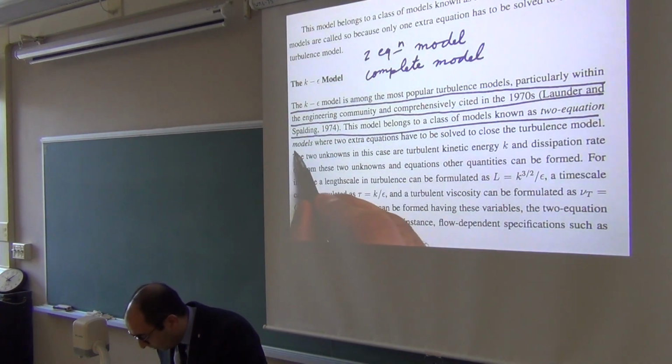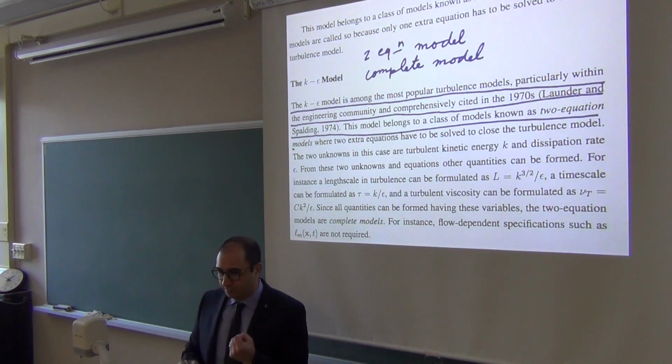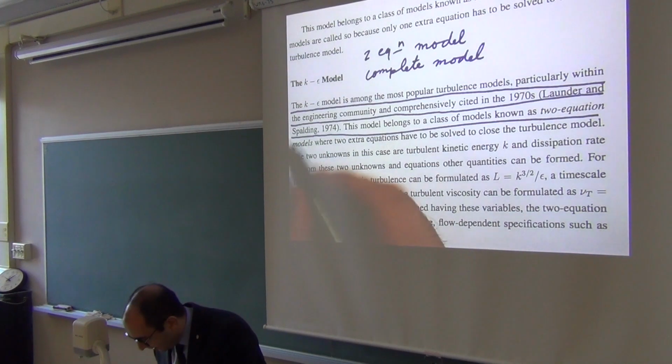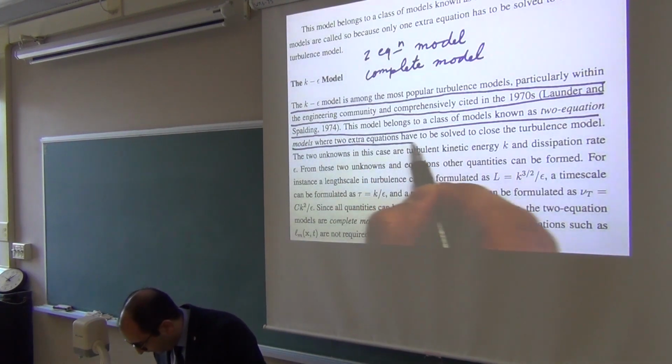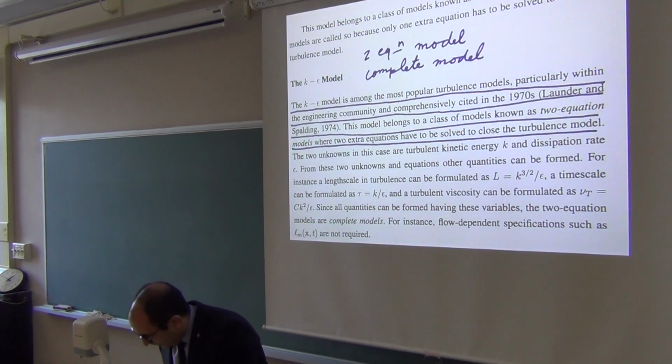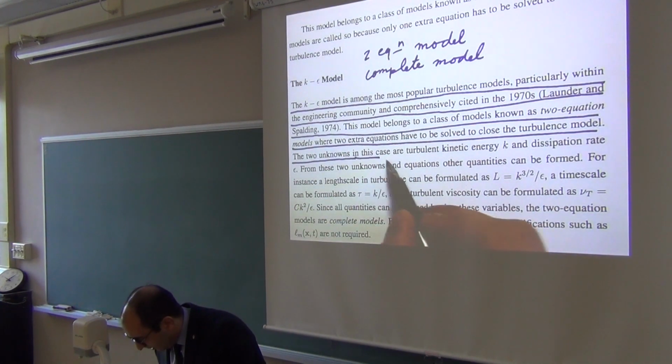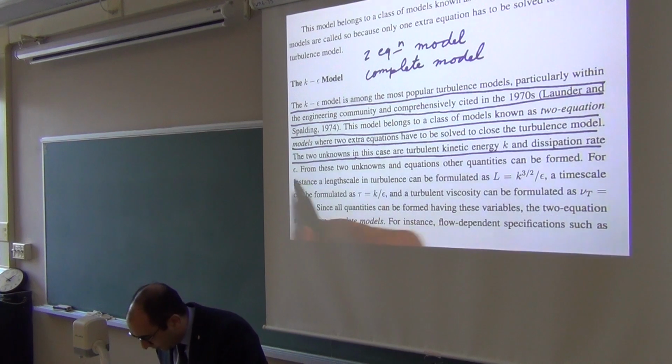It's a two equation model because you have one equation for K, turbulence kinetic energy, one equation for epsilon, dissipation rate.